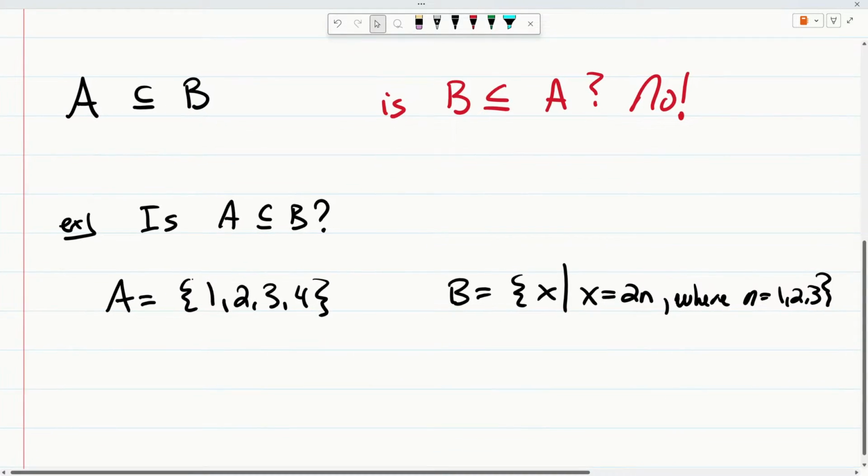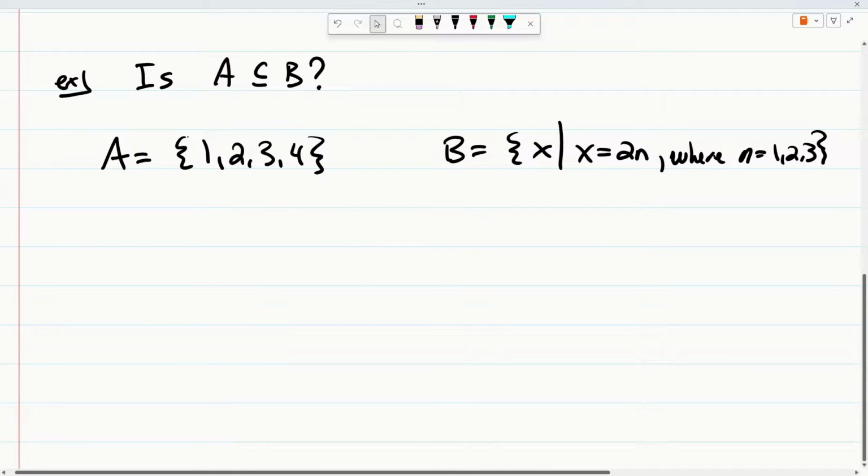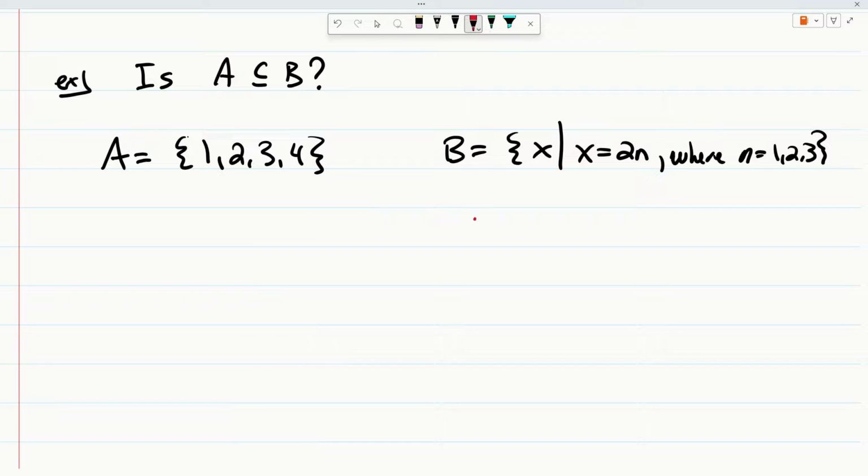All right. So here I gave you one that deals with the roster method, and then one that deals with the set builder notation. So the first thing we need to figure out then is, what exactly does set B look like? Well, B is telling us that every single element is going to be equal to 2 times n.